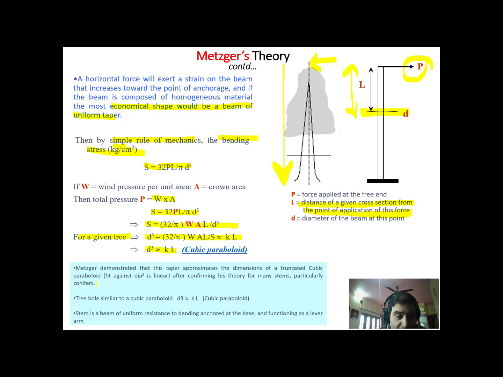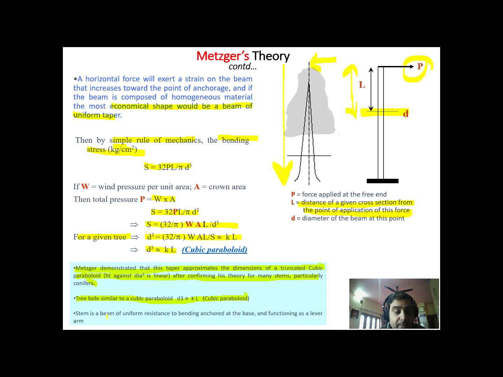Metzger demonstrated that this taper approximates the dimensions of a truncated cubic paraboloid. Height against diameter cube is linear, after confirming his theory for many stems, particularly conifers. So the tree bole is similar to a cubic paraboloid, as has been illustrated above.